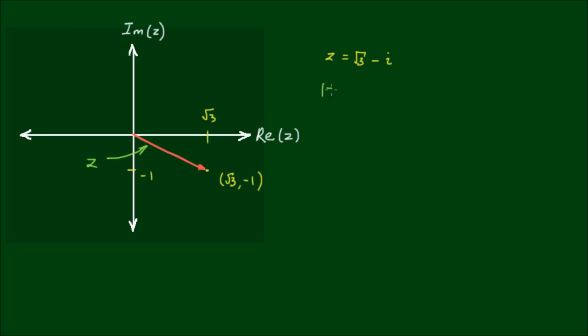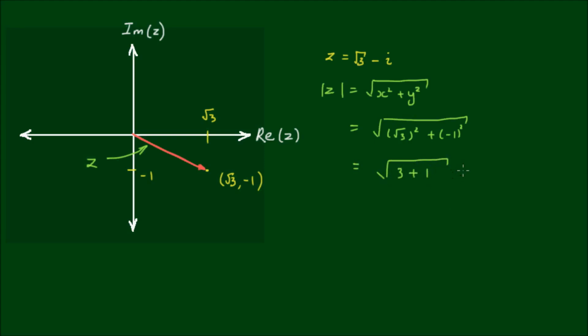So the modulus of z, or the magnitude of z, is equal to the square root of x squared plus y squared, which in this case is equal to the square root of root 3 squared plus negative 1 squared, and this is equal to the square root of 3 plus 1. 3 plus 1 is 4, and the square root of 4 is equal to 2.